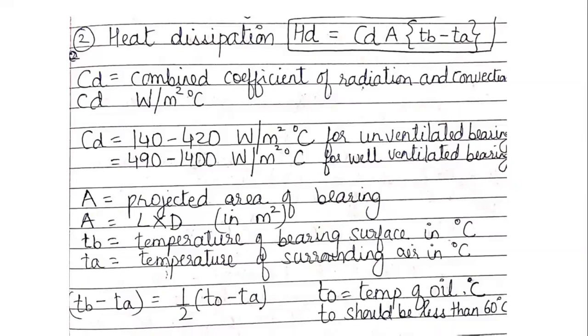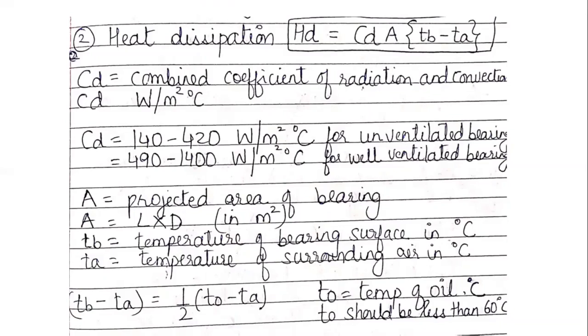So HD is given by CD A (TB minus TA), where HD is heat dissipation. CD is the combined coefficient of radiation and convection. Unit is Watt per meter square degree C. Combined coefficient of radiation and convection, because the heat will be dissipated by two mediums, radiation and convection.